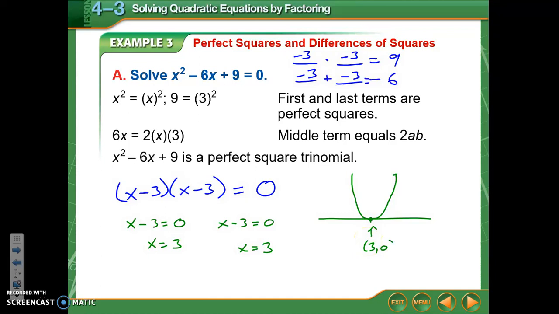So the point (3, 0) here is my x-intercept, but it's also my vertex. When this happens, we kind of have two solutions that are both the same, so we really only have one answer, but we call that solution, that x-intercept, a double root because it appears in my equation twice.